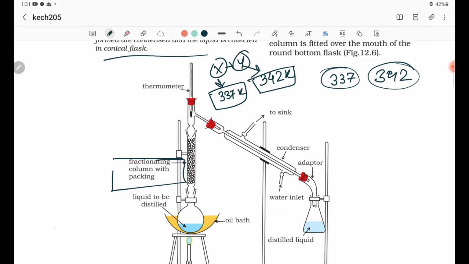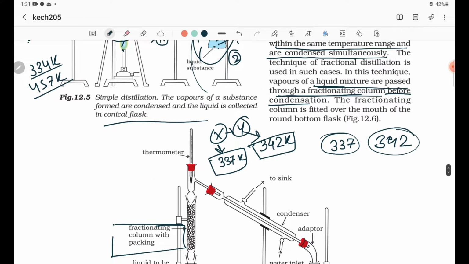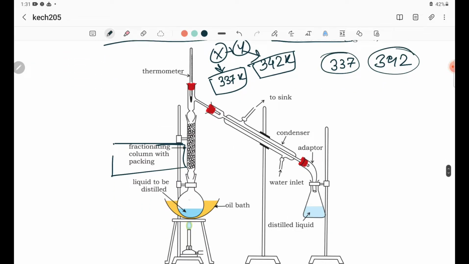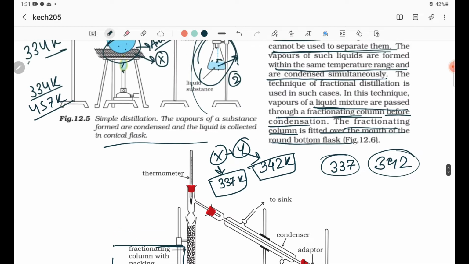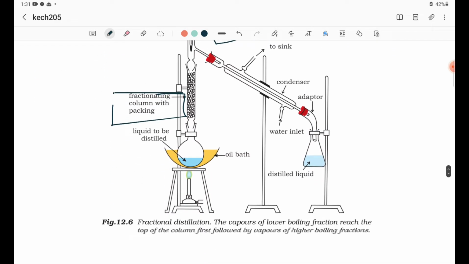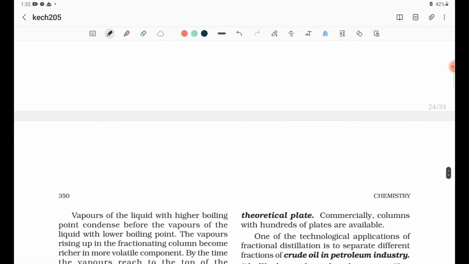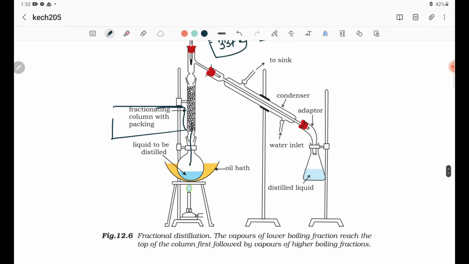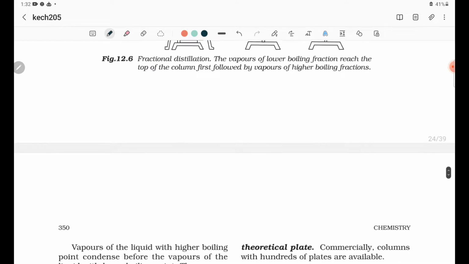The fractionating column is fitted over the mouth of the round bottom flask. See, the round bottom flask is here. Before, it was going directly. Now there is a fractionating column with packing. First the vapors will come and pass through here. Both vapors will come and pass through here. Then the rest will happen.